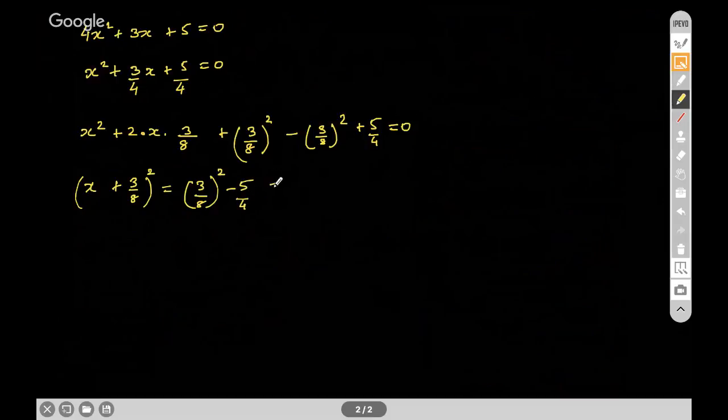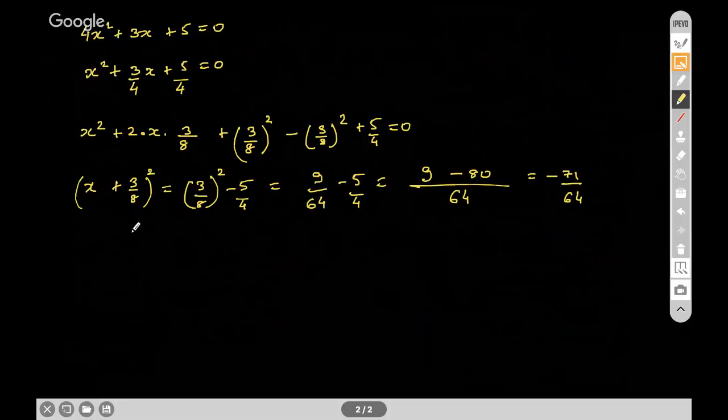So let us simplify this. This is 9 upon 64, right? Minus 5 upon 4, which is nothing but, 64 will be the LCM, so it is 9 minus 16 into 5, that is 80, so here it is negative 71 by 64. Now here is the problem.